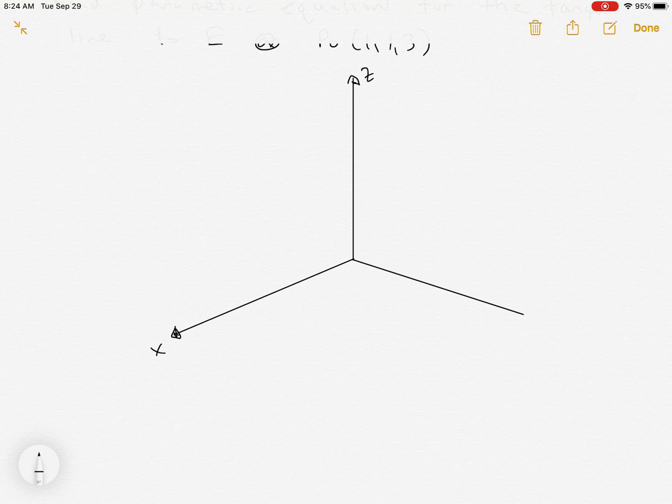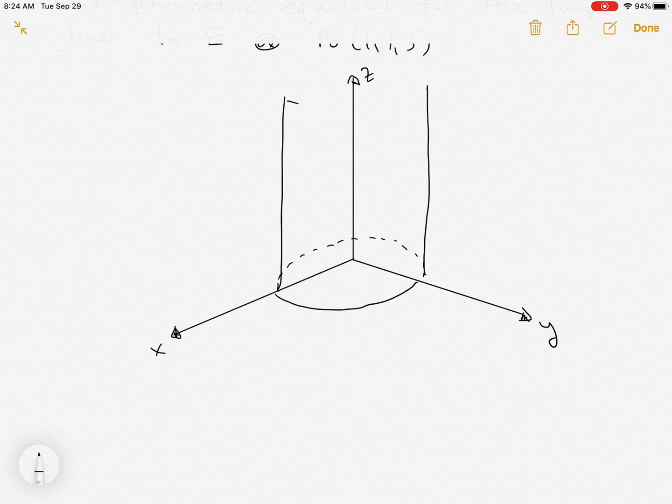There's the x-axis. There's the y-axis. All right, this cylinder has no z-coordinates, so that means z is free. So basically, it's the circle x squared plus y squared equals 2. So it's a circle of radius root 2. And then this thing just goes on forever. Actually, that's all we need is that little bit there.